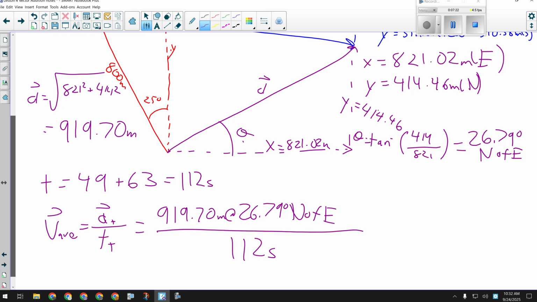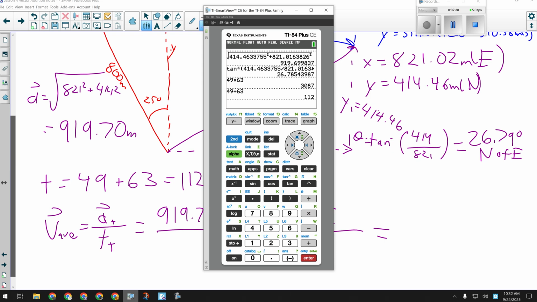Now, did you have to write all of this in your calculations? No, I do simply because I want to remember to carry it over. My velocity has the same vector as my displacement, always. All right, so I'm going to take that 919 with all the decimals, divided by the total time.